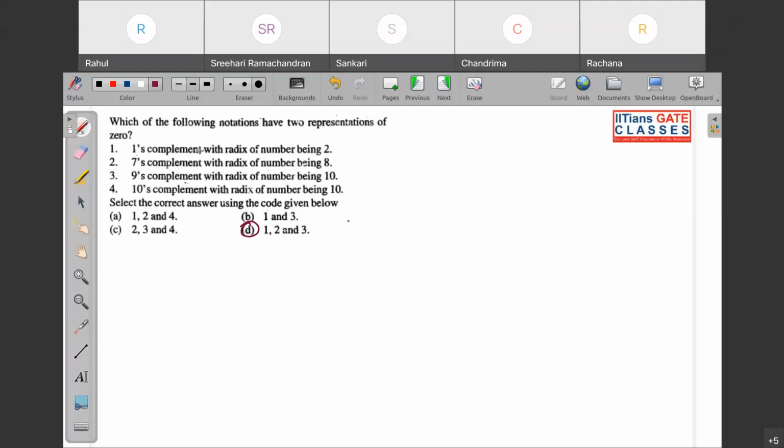You can see 1's complement with the radix of the number being 2. This option we have already seen.